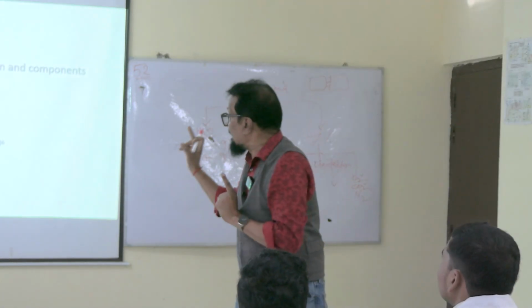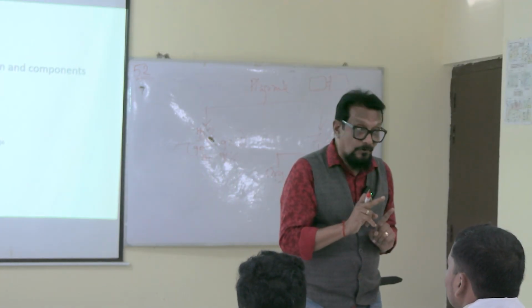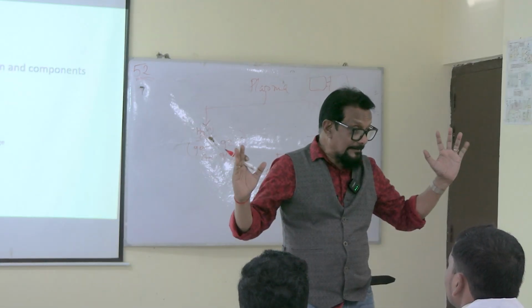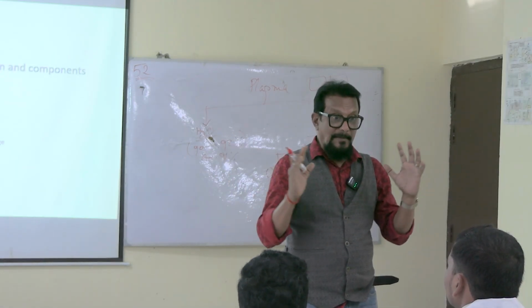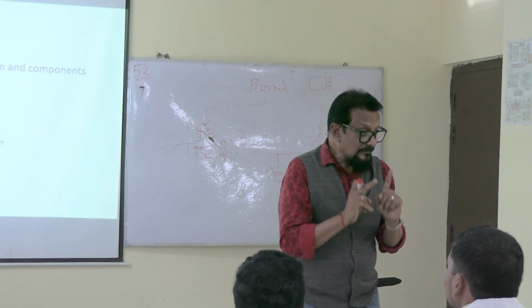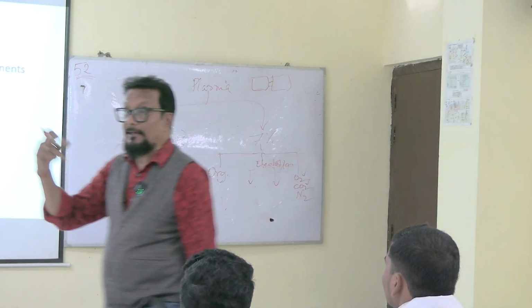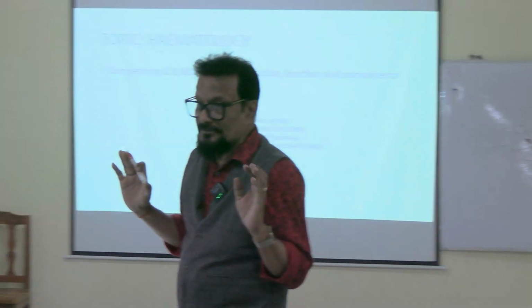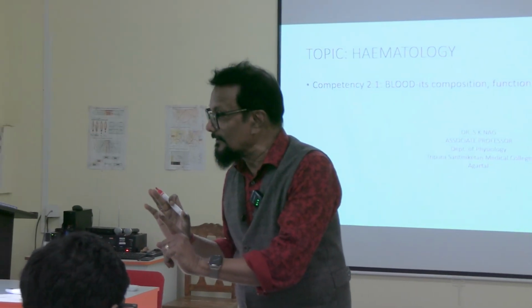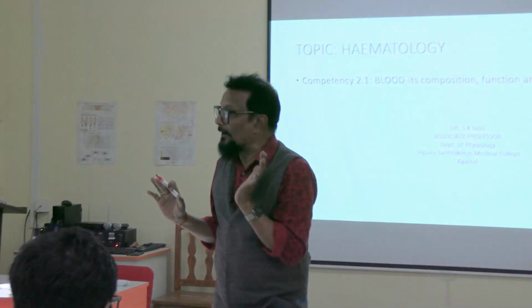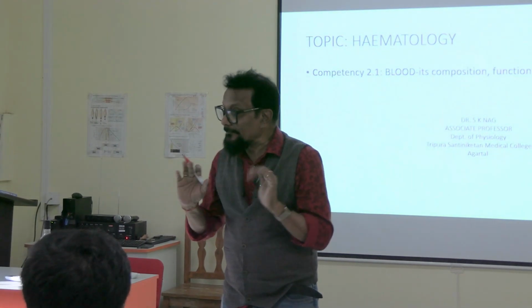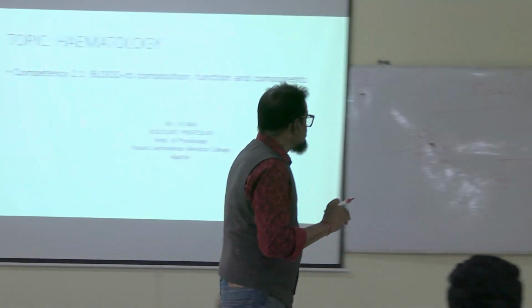They always try to maintain the pH at 7.4, within a range. Otherwise, if it goes beyond this, there will be acidosis or alkalosis. These are fatal conditions if continuous. So this is the importance of pH. Got it?